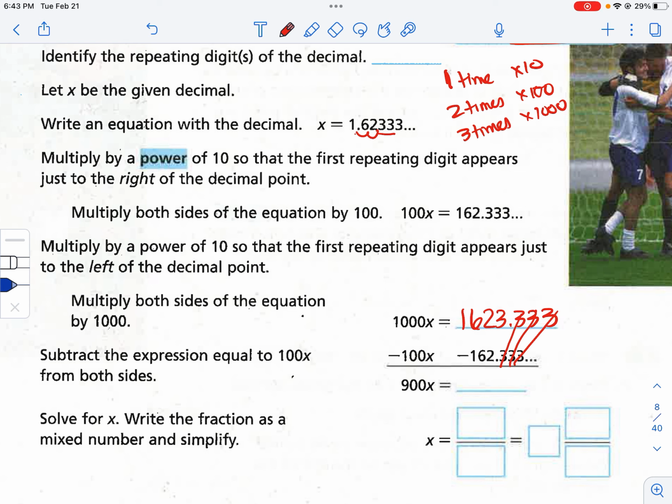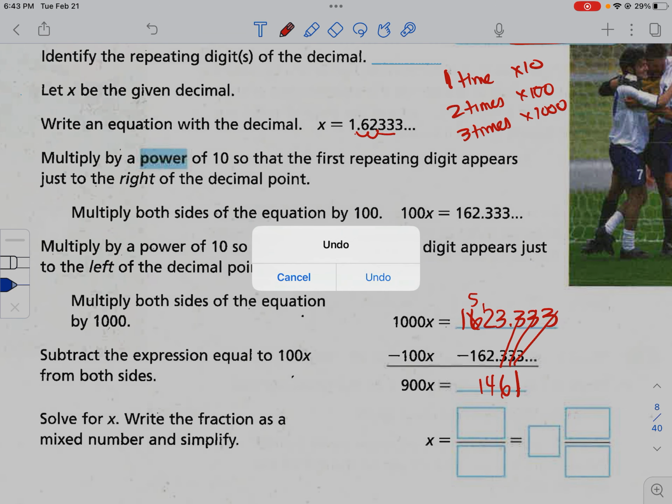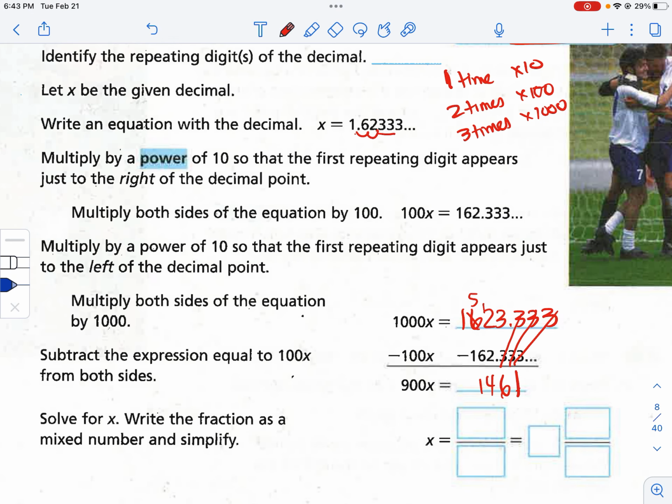3 minus 2 is 1. Borrow. That'll get me a 6, right? That'll get me 1461. Is that right? I'm checking my work because 1623 minus 162.